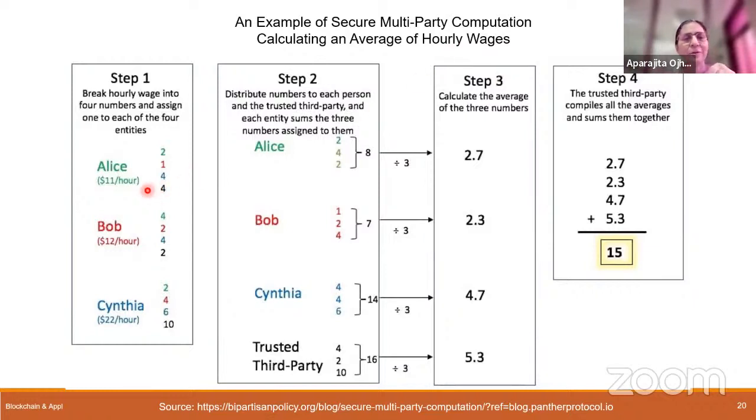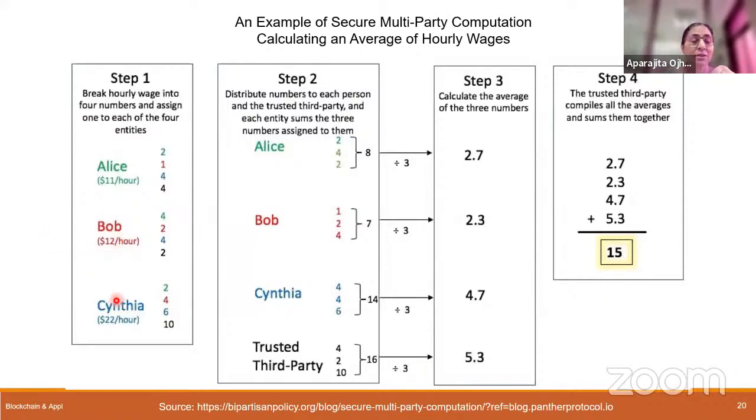You can see that the average hourly wage of 11, 12, and 22 is 15. And Alice will come to know, okay, I'm getting much less than other members.